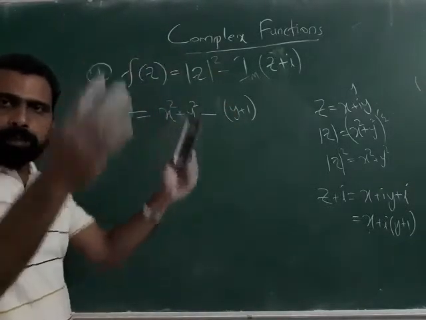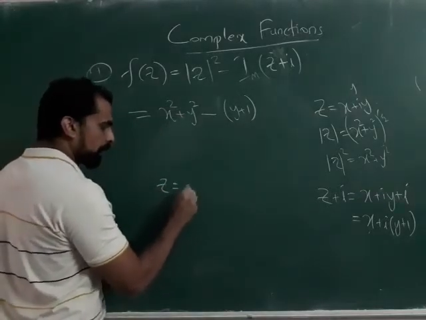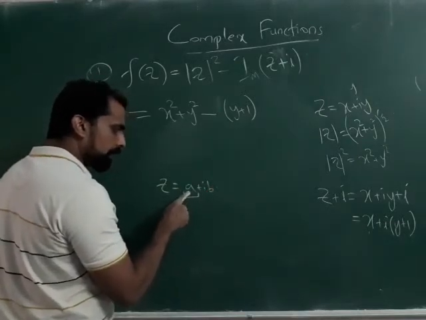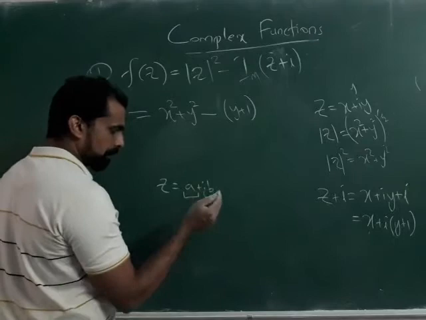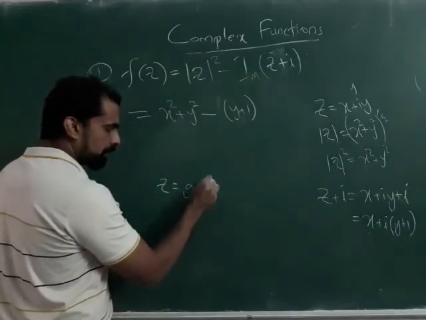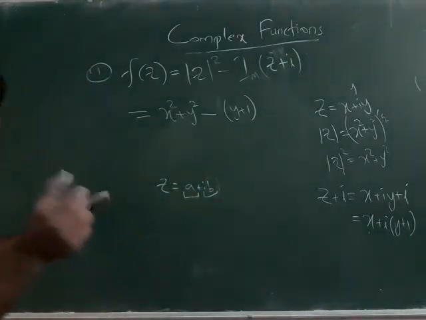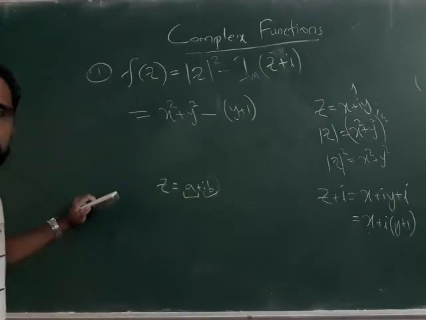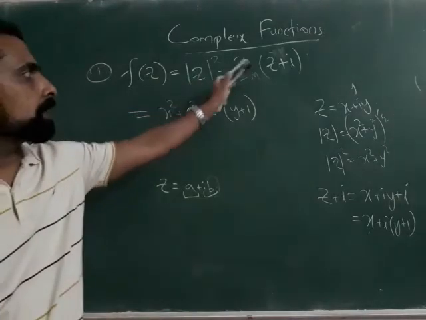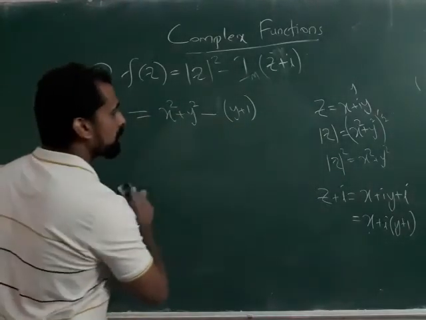Actually in a complex number, when you write z is equal to a plus ib, this is the real part and this is the imaginary part. The imaginary part gives you the coefficient, and here you are asked for the imaginary part of z plus i, so we will write y plus 1 only.